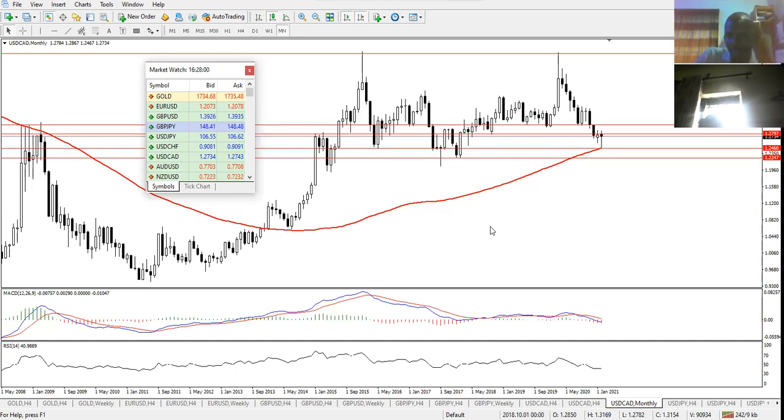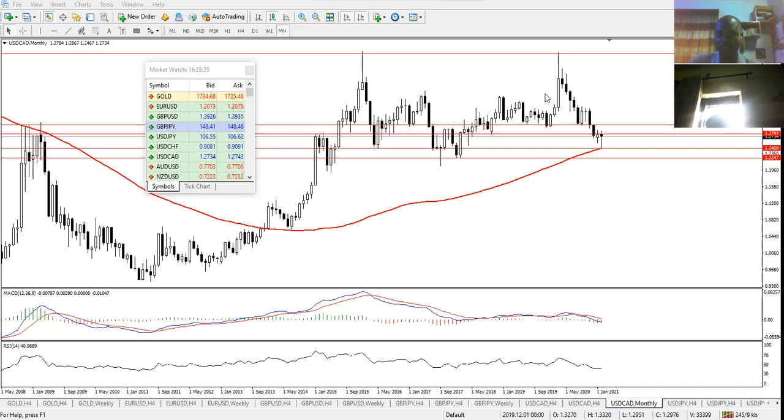We have a bias. Our bias is to go long based on the various criteria that we have seen. Now, we want to pick our entry using some tools that seem to be precise. I say they seem to be precise because a lot of people work with these tools and use them to determine their entry, their exit, and the like.